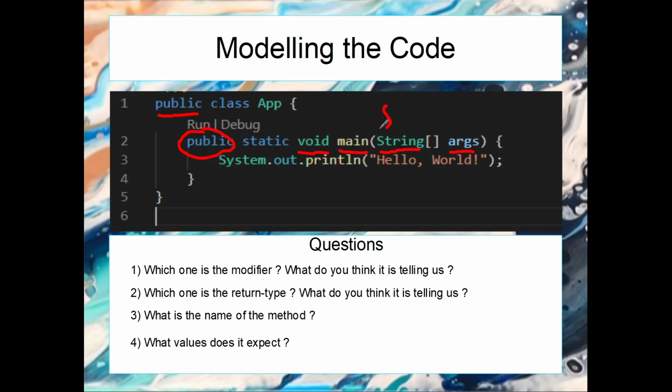However, if we change this just to string and then x, like that, it's expecting a string, and whatever is put into that method will be stored in this variable x. So this here at the end tells us what data we're expecting so we can use it in our method.